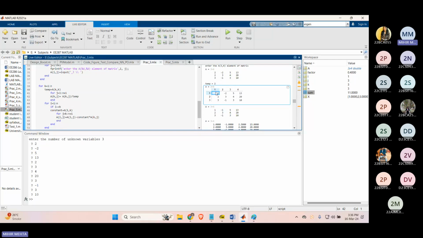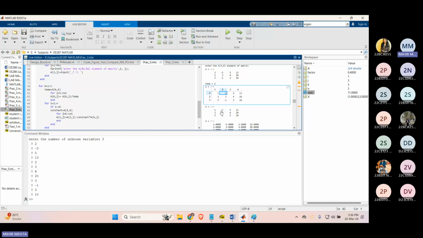Then in the next part, I'm dividing the neighboring values, since we are moving along the first row across the rest of the columns. For the next column, I divide -2 by temp, which is 2, giving -1.